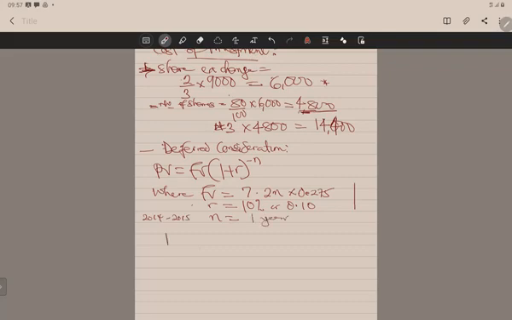So to get the PV, our PV equals FV times (1 plus R) raised to the power minus N. Our future value is 7.2 million times 0.275, multiplied by 1 plus 0.10, that is 1.1, raised to the power minus 1. What do we have for the present value?